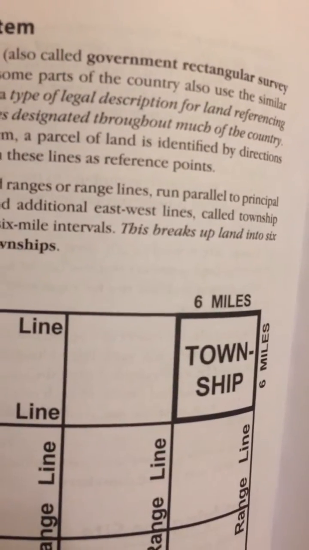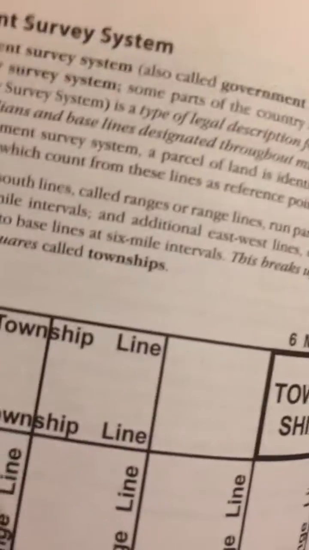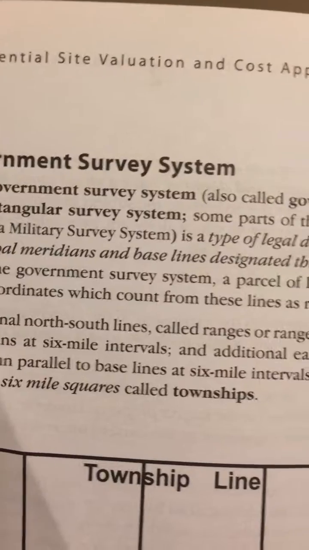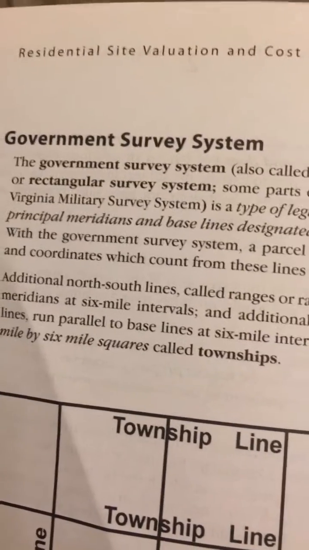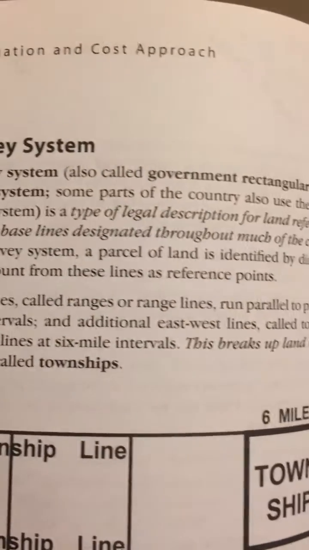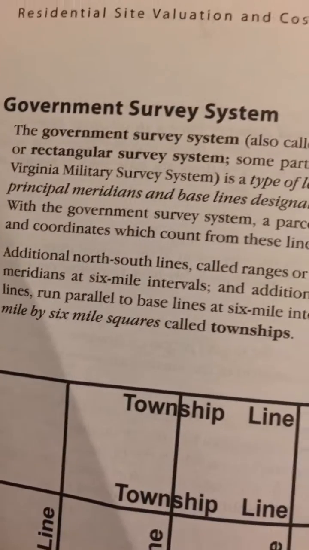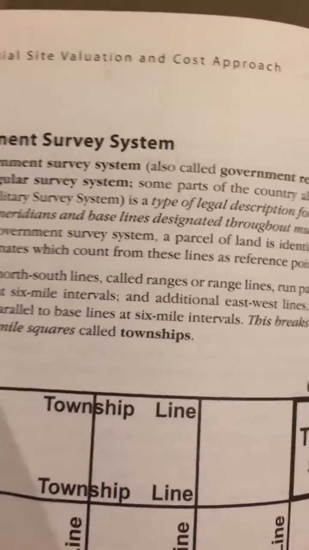Residential Site Valuation and Cost Approach, page 22. Government Survey System. The Government Survey System, also called Government Rectangular Survey or Rectangular Survey System. Some parts of the country also use the similar Virginia Military Survey System.